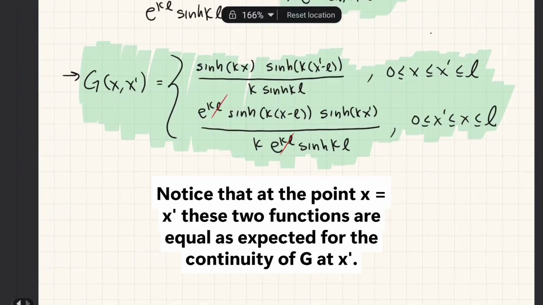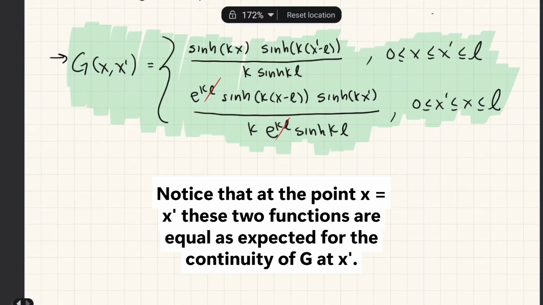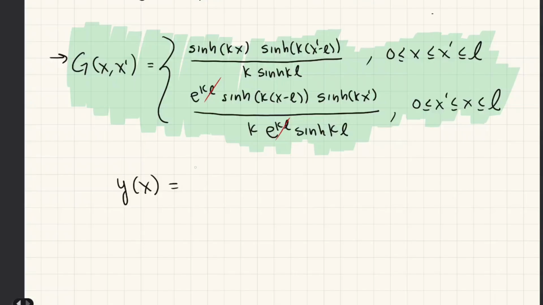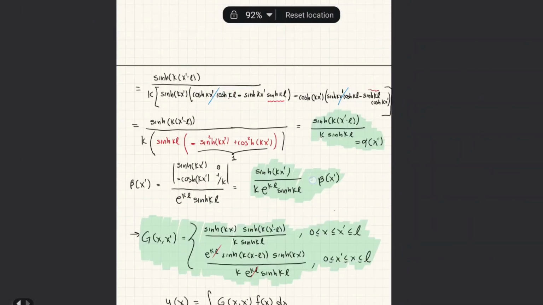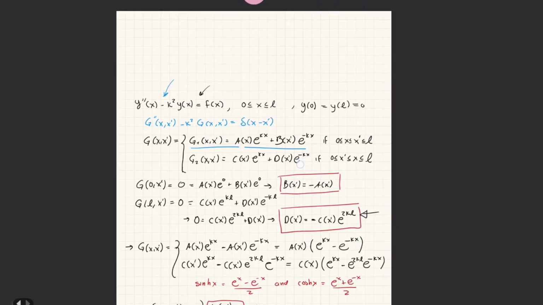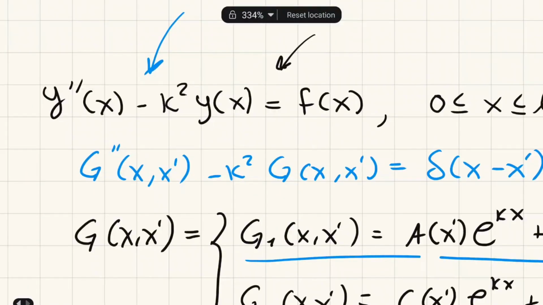From here, we know that the solution of the differential equation can be seen as the integral over the region where the green function is defined, as a subset of R2, of the green function times f of x dx, where f of x is the non-homogeneous term of the differential equation.